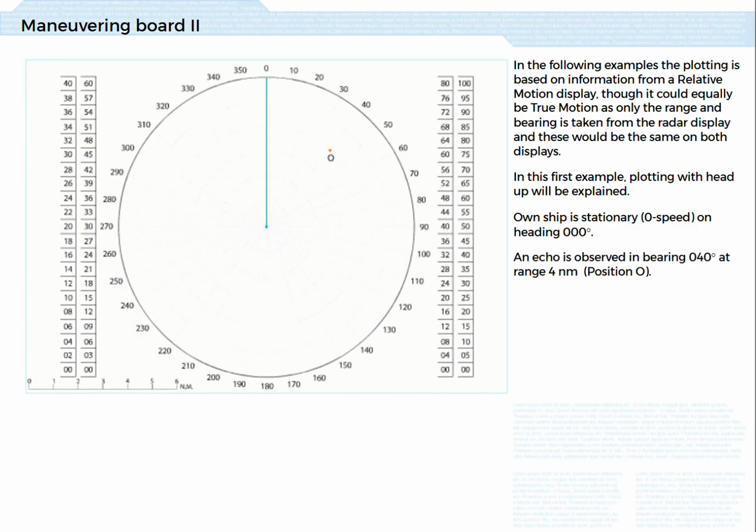An echo is observed in bearing 040 degrees at range of 4 nautical miles. The position is identified as O. 6 minutes later, the same echo is observed in bearing 030 degrees at range of 3 nautical miles. The position is identified as A.